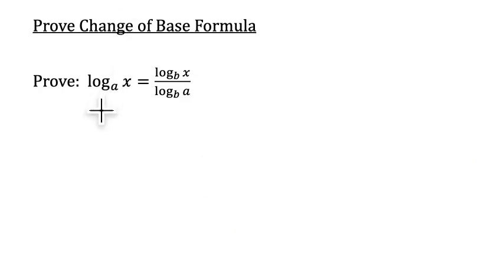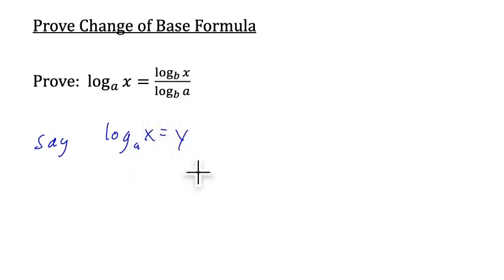Okay, so we're trying to prove that the log of base a, just some random base, of x is equal to log base b, a number that we choose, of x over log of the base b of a. All right, well, we're going to start by, this is where the creativity is, we're going to say that log base a of x equals y.